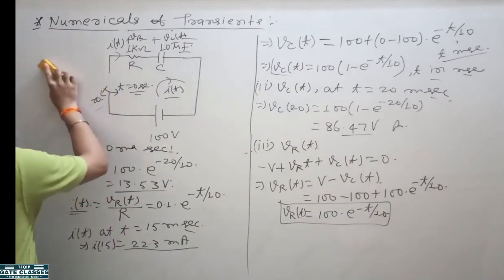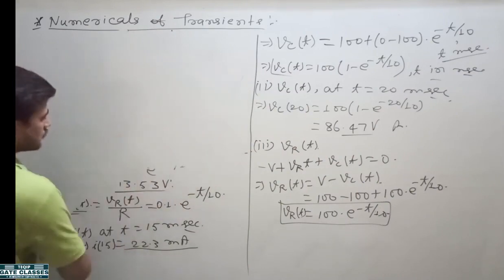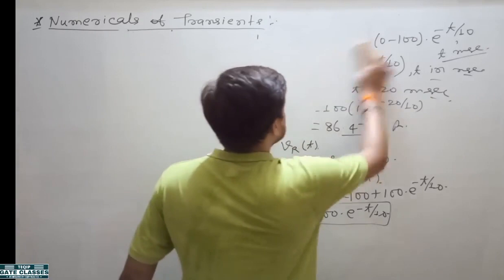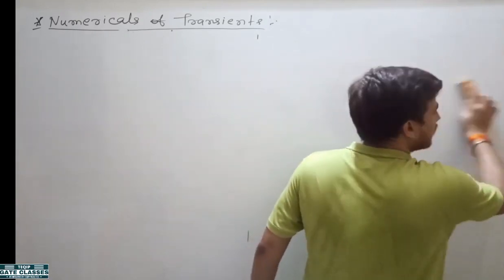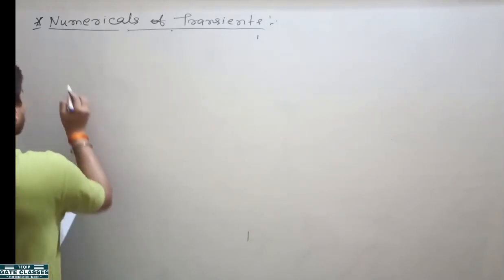Next, come to the fourth question. Now in this question there will be some initial voltage across the capacitor, and then you have to write the different expressions. Question number 4 is given.